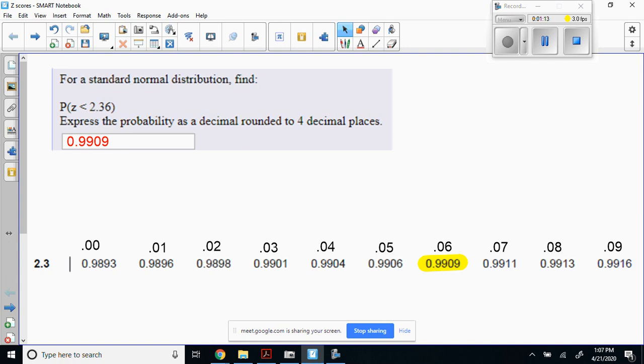But what if a value that we need is not on 1, 2, or 3 above, or 1, 2, or 3 below the mean? What if our data point is not on a perfect standard deviation unit away from the mean? Well, that's why the z-score came about. It allows us to find things in between.